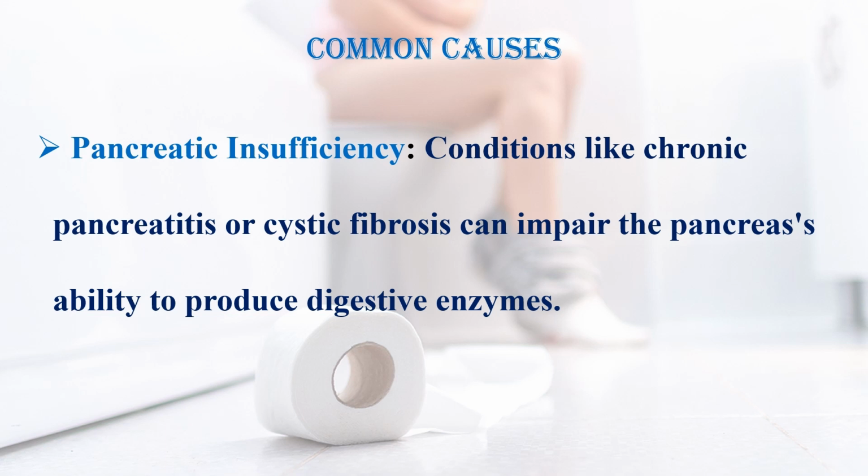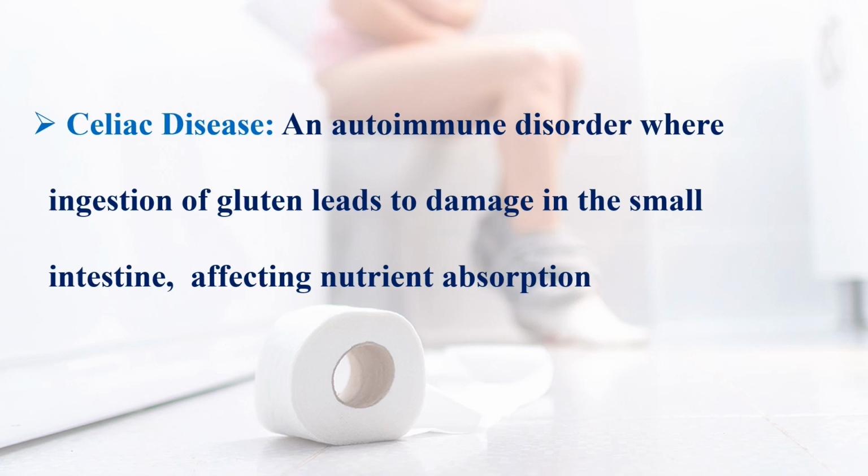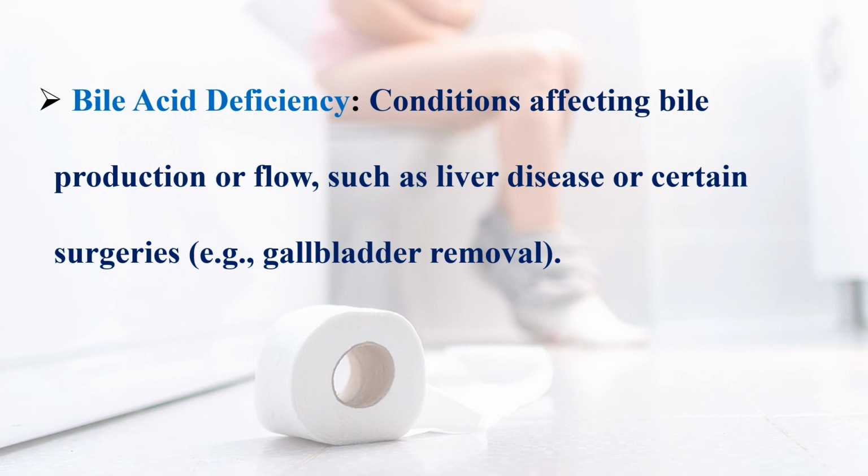Common cause of fatty diarrhea, pancreatic insufficiency, conditions like chronic pancreatitis or cystic fibrosis. It can impair the pancreas' ability to produce digestive enzymes. Celiac disease. It is an autoimmune disorder where the ingestion of gluten leads to damage in the small intestine, affecting nutrient absorption.